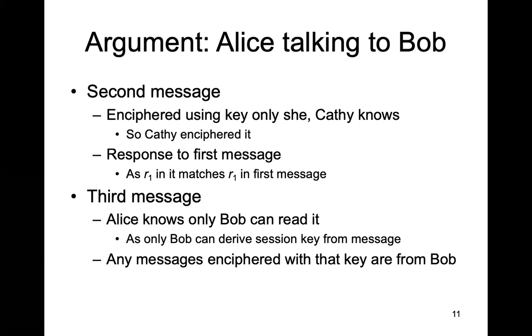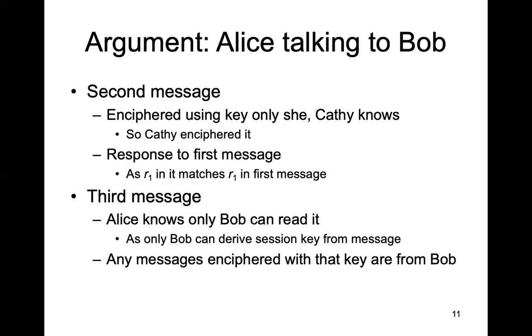Now notice that the first message is available to anybody. It can be observed by Eve. Doesn't matter. Eve cannot do anything, because the message will be sent back to Alice by Kathy, because that's what the message said: Alice, Bob, R1. So Kathy will send back the message to Alice, which in turn will start the Needham-Schroeder protocol from Alice's side also.